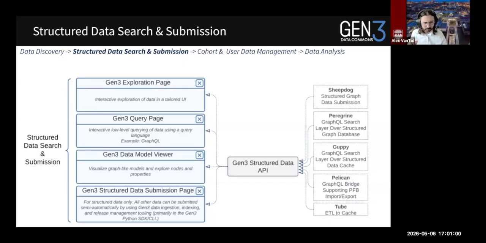One other component here is there are some jobs on the back end that bridge the GraphQL queries into some import and export capabilities. So there's another technology that I think we have some forums on. If not, there's documentation certainly on docs.gen3.org about PFB, which is a portable format for biomedical data.